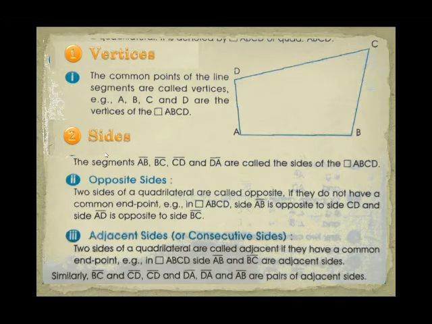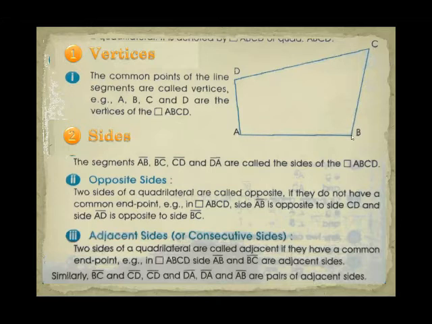Now we discuss the sides further in two parts. First, opposite sides. What are the opposite sides? Two sides of a quadrilateral are called opposite if they do not have a common endpoint. For example, in a quadrilateral ABCD, the side AB is opposite to the side CD. As you see, students, the side AB is opposite to the side CD.